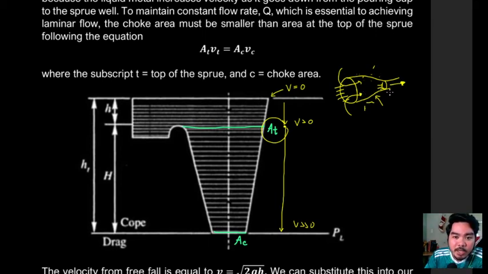So mag-entrap ka ng air, therefore yung pumapasok dito is a liquid metal that has entrapped air that can cause porosities in your final product. So our goal is dapat yung pumapasok doon sa taas dito sa AT natin is the same volumetric flow rate as yung lumalabas dito sa AC para ma-ensure natin na meron tayong laminar flow.